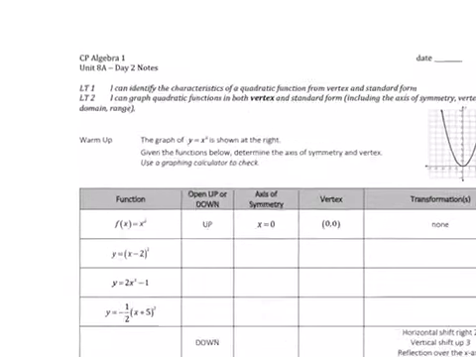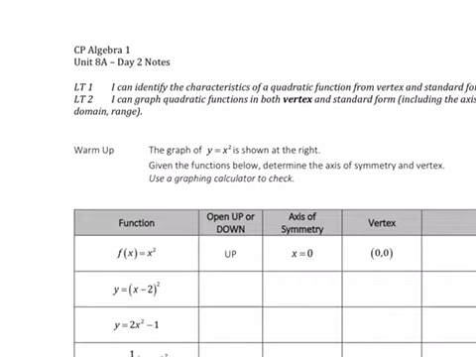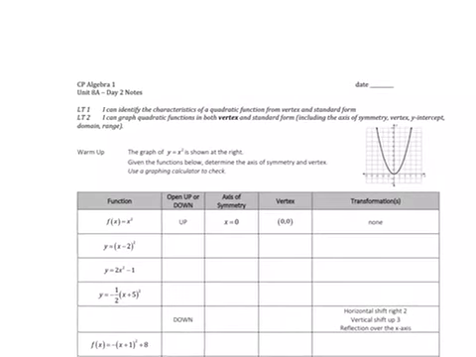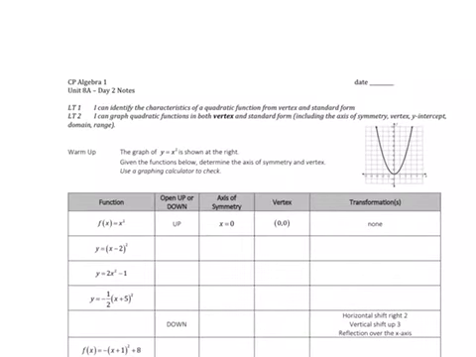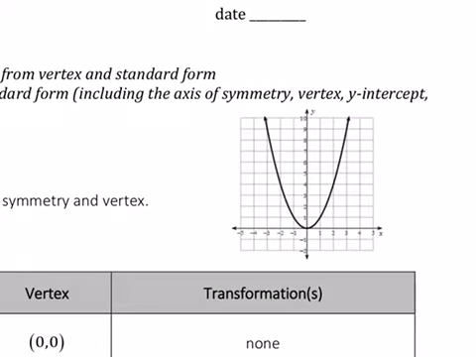Warm up. Graph of y equals x squared is shown at the right. Given the functions below, determine the axis of symmetry and vertex. Use a graphing calculator to check. Okay. So as I mentioned to you guys yesterday, you're going to see this parent graph of y equals x squared a lot as we move forward.